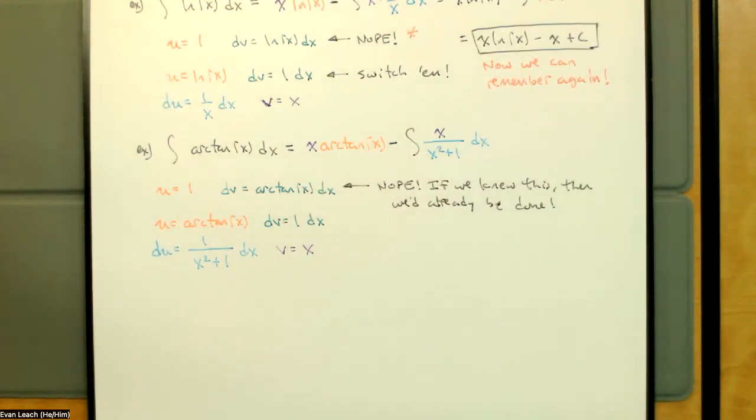In the natural log of x problems, we were able to then simplify our secondary integral, but that's not available here. X over x squared plus 1 is already simplified. The degree of the numerator is less than that of the denominator. This is already simplified as a rational expression.